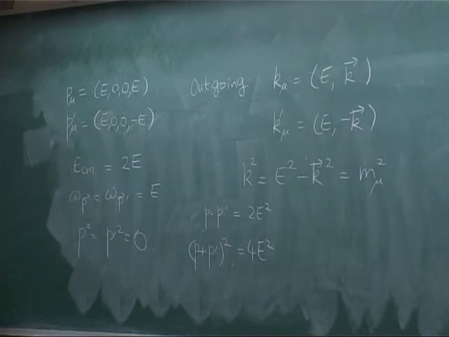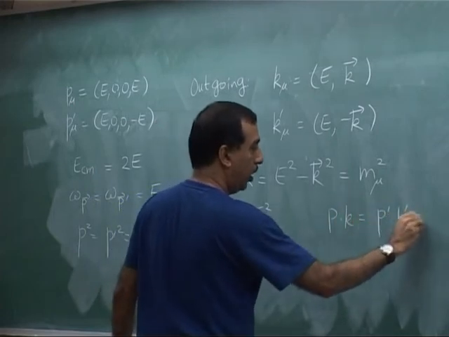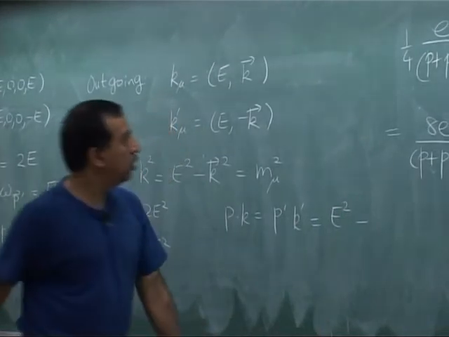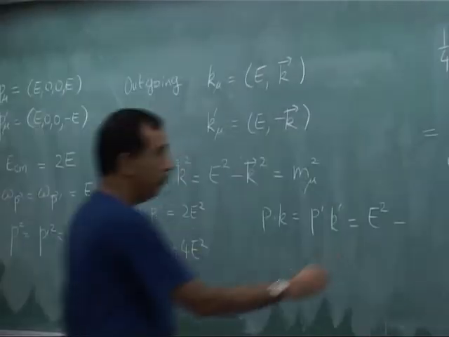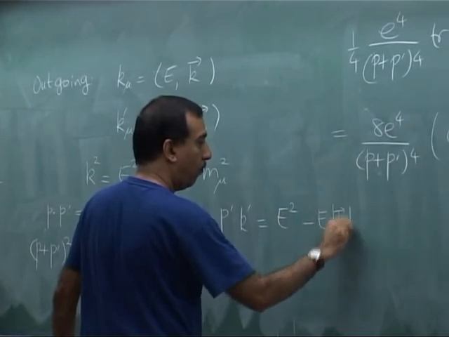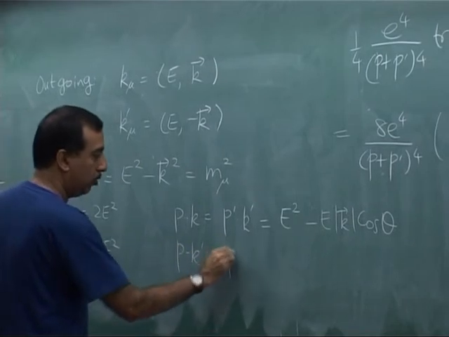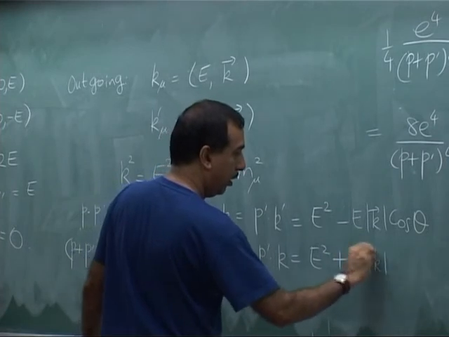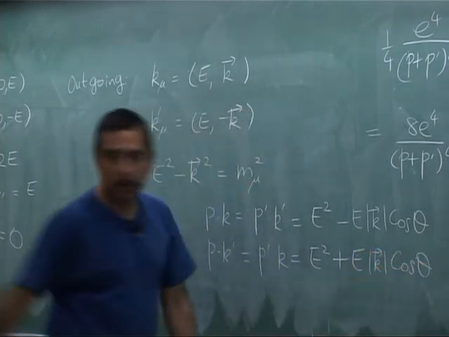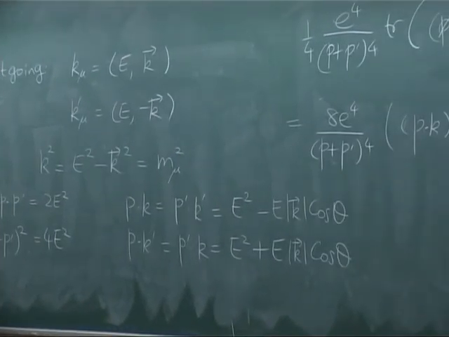So P dot K is actually equal to P prime dot K prime, and they are both equal to E squared minus EK cos theta. While P dot K prime is equal to P prime dot K, and this is E squared plus EK cos theta. This is all kinematics, and there's very little you need to do with it.